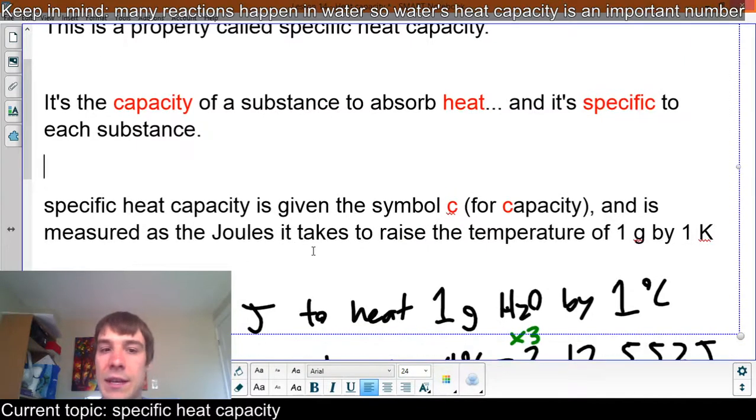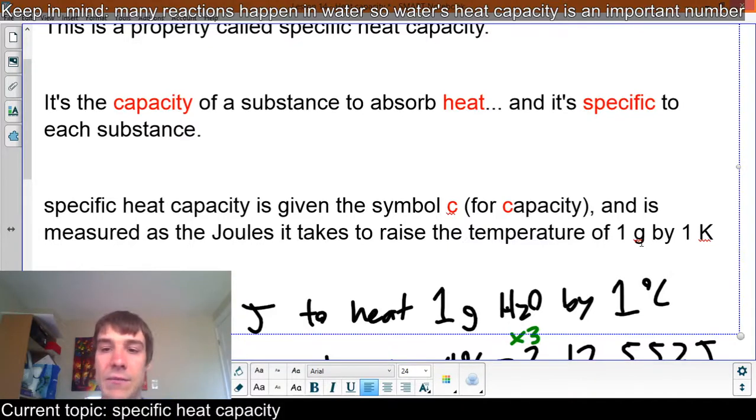And it's measured as the number of joules it takes, right? The energy in joules that it takes to raise the temperature of 1 gram of the substance by 1 Kelvin on the Kelvin scale. But Kelvin is the same scale as Celsius. So one jump of 1 Kelvin is the same as one jump of 1 degree Celsius.